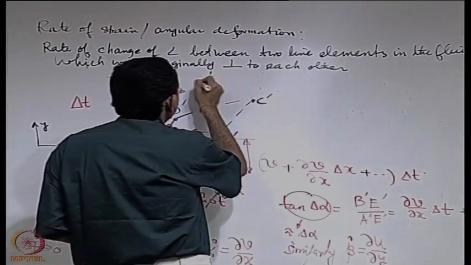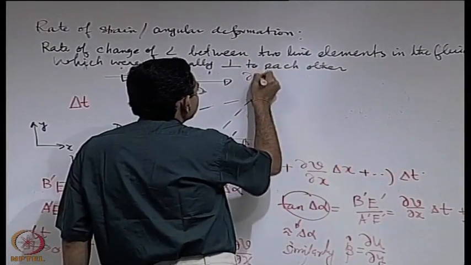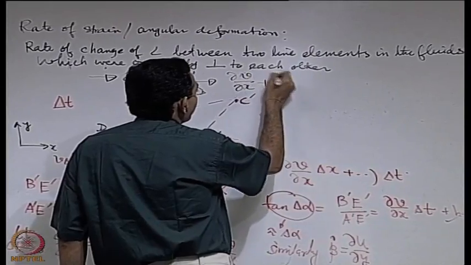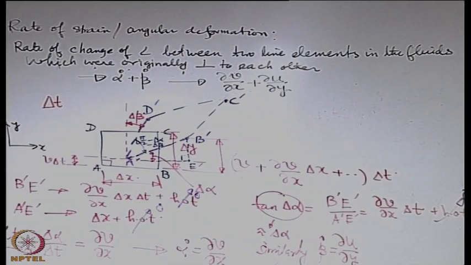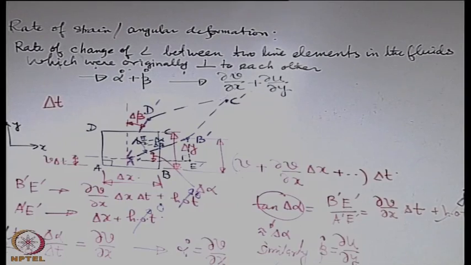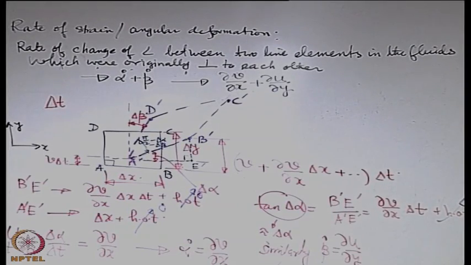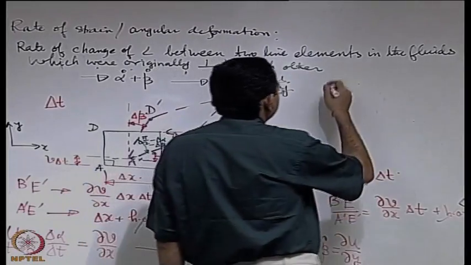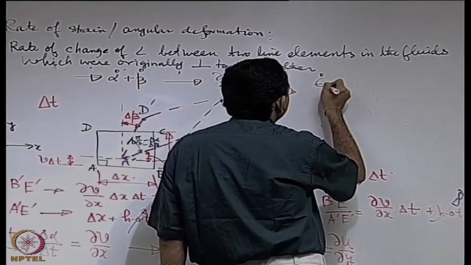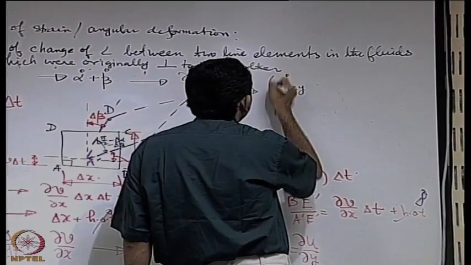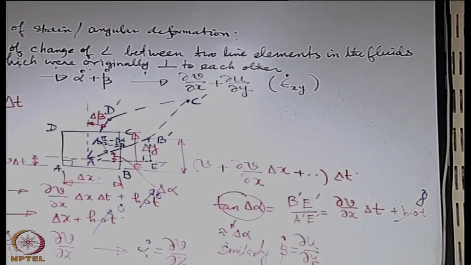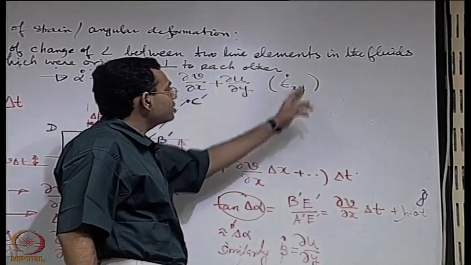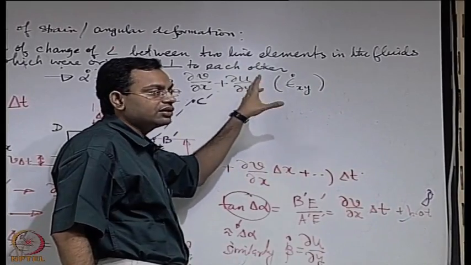So, this is nothing but, okay. So, this we may call as say epsilon dot xy as a symbol, epsilon for strain, epsilon dot for rate of strain, xy to indicate that it is actually an angular strain in the xy plane.